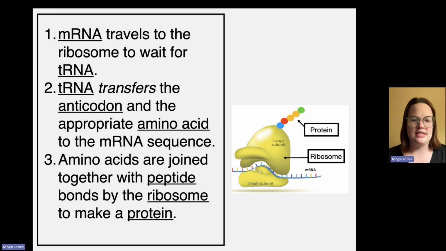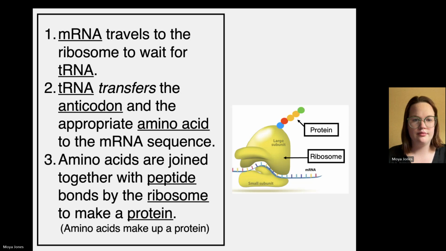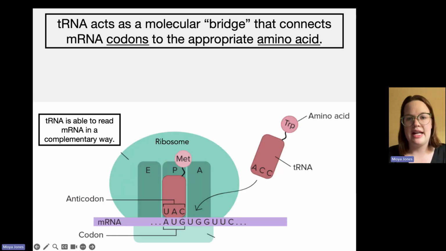Step 3, amino acids are joined together with peptide bonds by the ribosome to make a protein. tRNA acts like a molecular bridge that connects the mRNA codons to the appropriate amino acid.